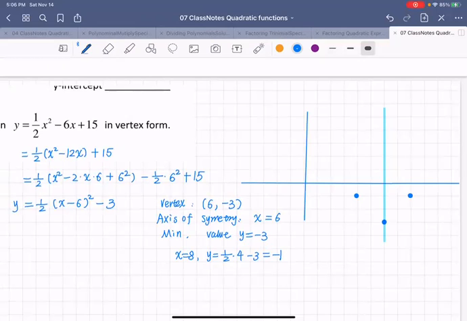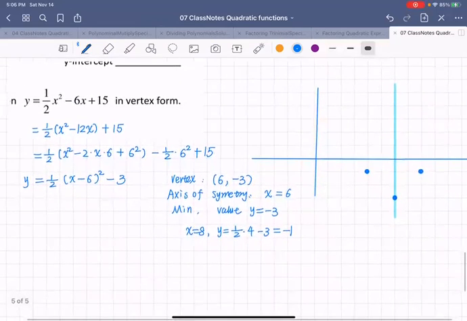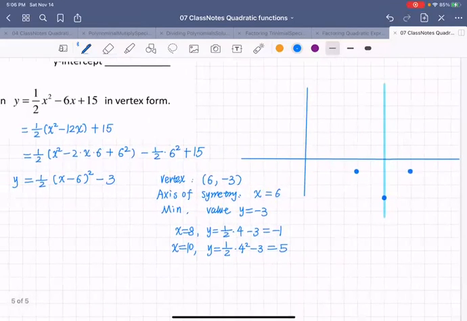Now what else? We can make one more point. Let's do one more pair. Make x equal to 10. When x equals 10, y equals 5.